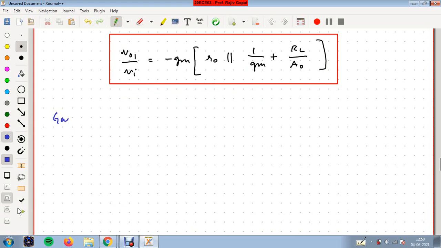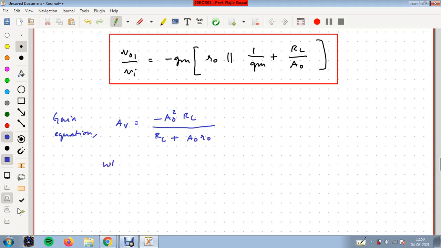Gain equation: AV is minus A naught square RL divided by RL plus A naught times R naught.